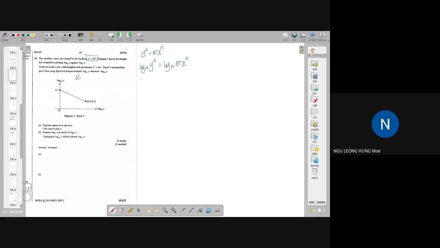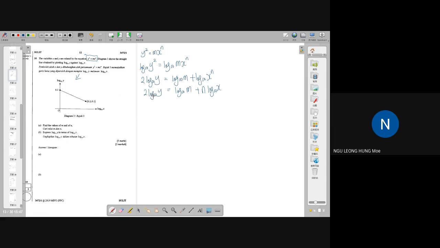So this one will be 2 log 10 y equal to log 10 m plus log 10 x power of n, and log 10 m plus n log 10 x. Okay.